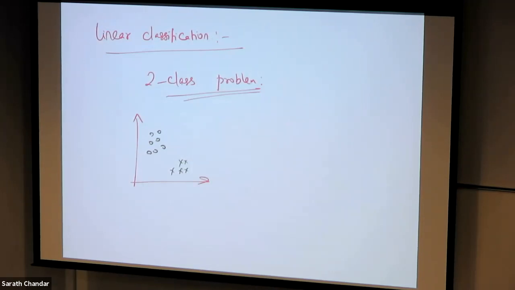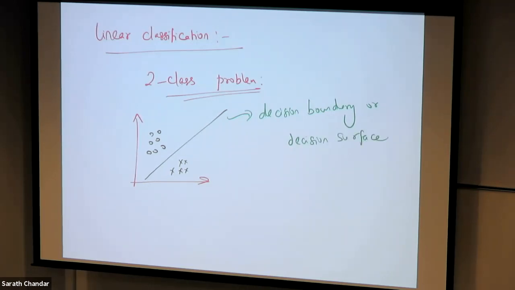Now, when I learn a classification model, it is going to draw a decision boundary, right? For example, if you are using a linear model, then the linear model will have a line which is separating these two. We are going to call this line the decision boundary or decision surface.